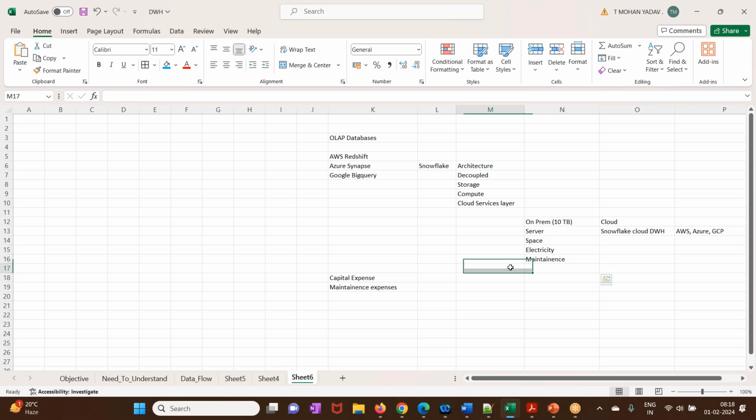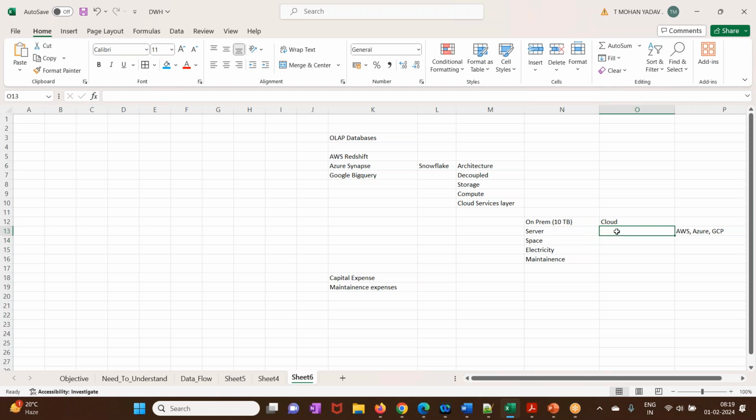Our requirement is that from day one of our business, we are not going to start with 10 TB of data. Our estimate says that at max our sales may reach up to 10 TB of data storage. This is the case of on-prem. Now let us move to the cloud.